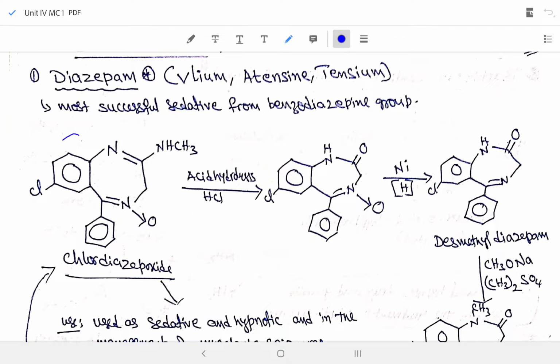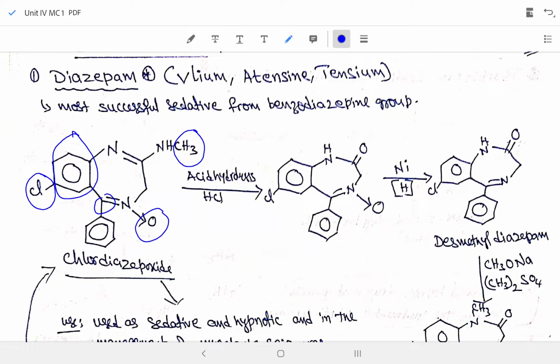So you have a benzene ring, the 7th position attached to an electronegative atom, and the second position of the diazepine ring has an alkyl substituent. Here, at the third position, there is no hydroxyl group or any alkyl substituent. Okay, this nitrogen is attached to an oxide. And the fifth position has a phenyl ring. So this is the structure of diazepam.